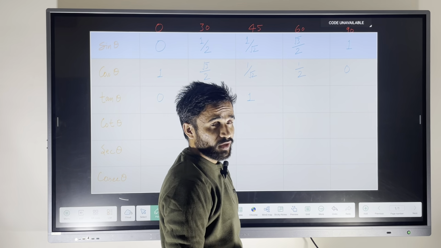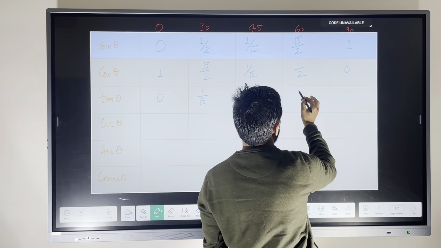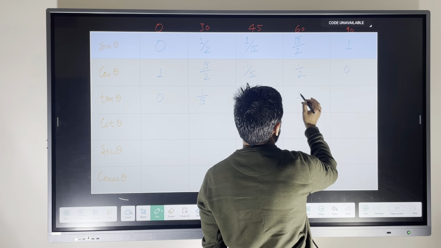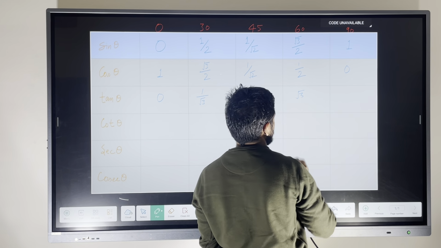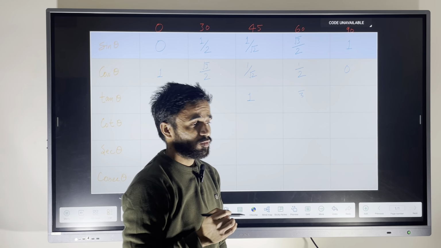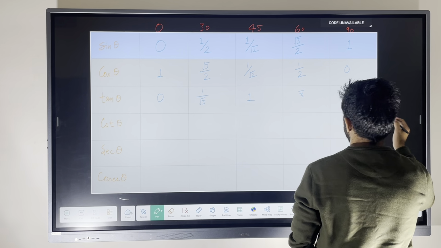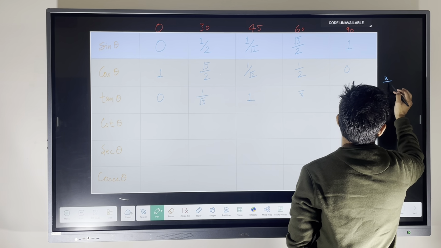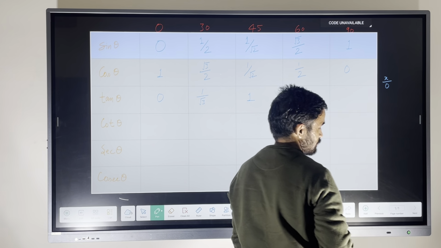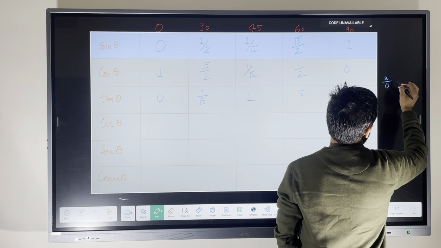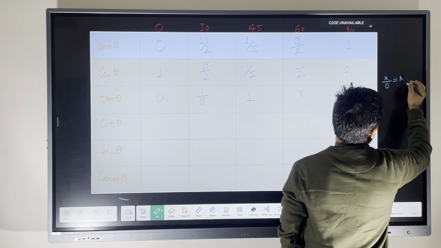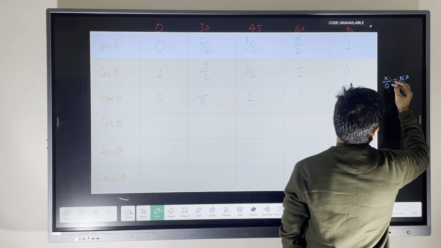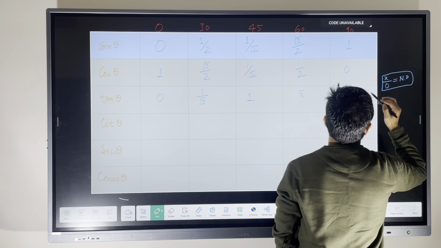Root 3 by 2 and 1 by 2 will be root 3. Now 1 upon 0. Suppose we divide any number x by 0. X by 0 is always not defined.